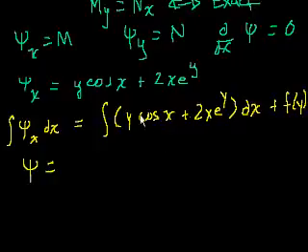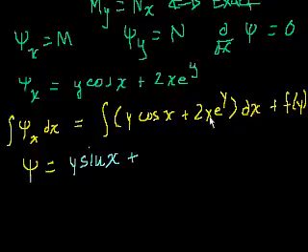So let's figure out this integral. I'll do it in blue. y is just a constant. So the antiderivative of y cosine of x is just y sine of x, plus e to the y is constant, so 2x.